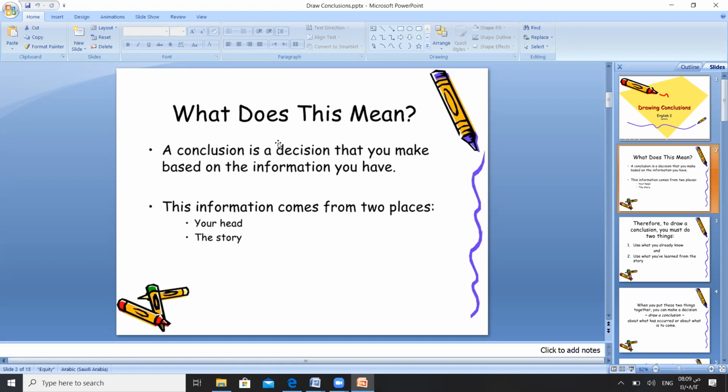This information comes from two places: from the information that I have in my head, my knowledge, and from the information that I can read, the details and facts in the story.